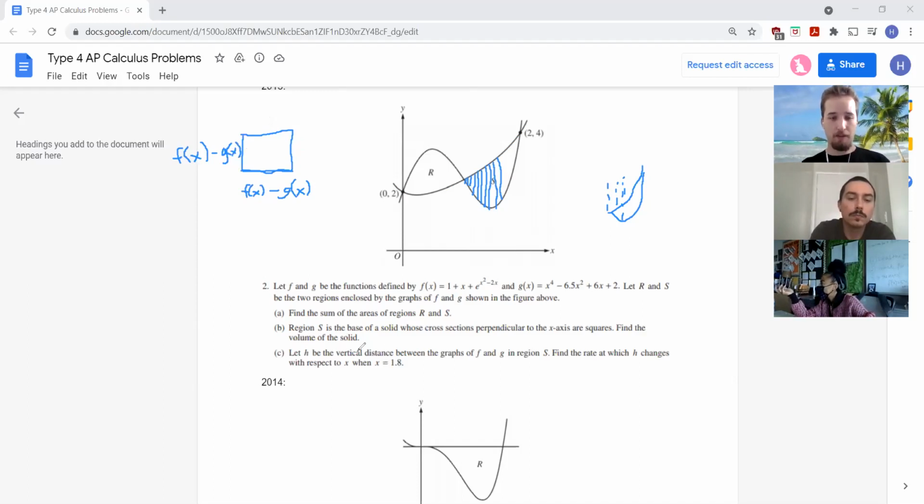Now we want to find the area of each square, because it's asking for the volume. The way we do that is by adding up the area of each square, so we can create the entire volume across the entire region. To get the area of this square, it's just base times height, so it's actually just f of x minus g of x, squared.